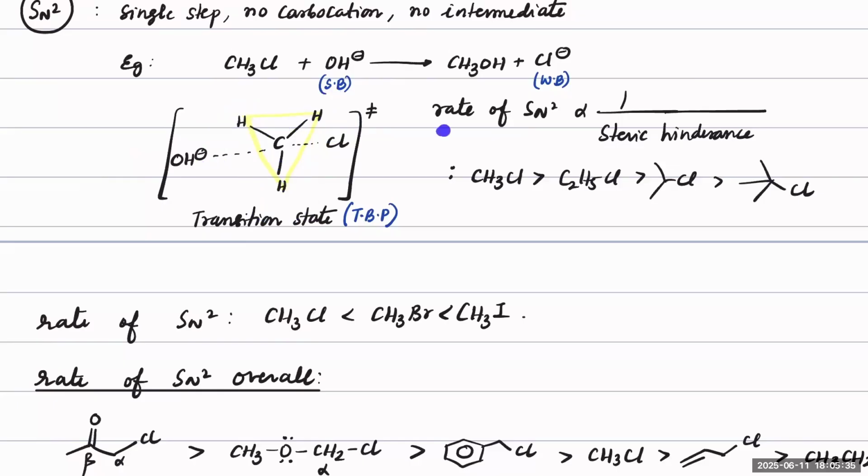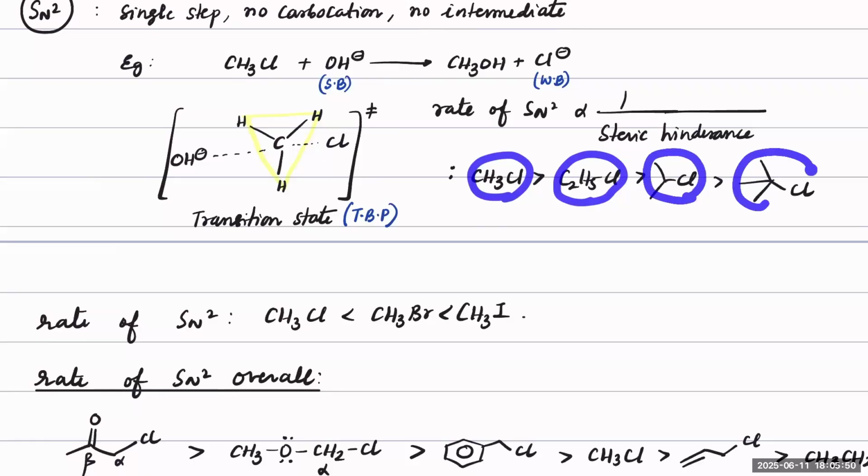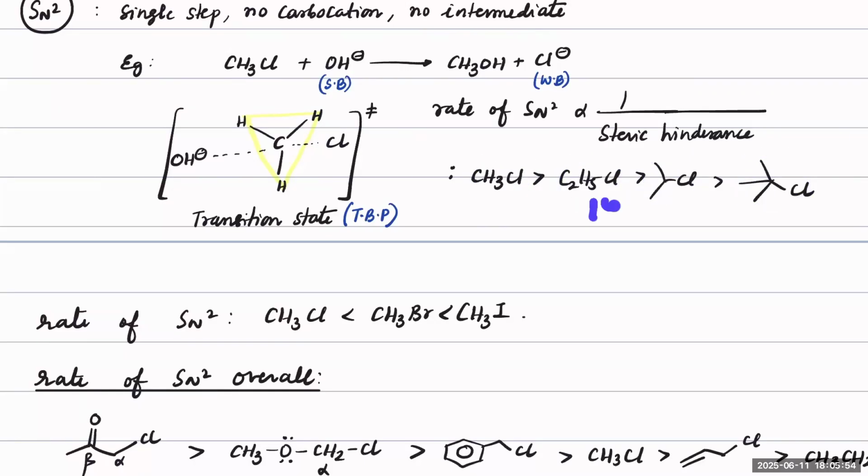So the rate of reaction is inversely proportional to the steric hindrance around the leaving group. Methyl chloride will have the least, then some crowding will come across ethyl, then isopropyl, then tert-butyl. So you notice methyl, 1 degree, 2 degree, 3 degree. SN2 is more prominent for the first two cases. Clear, beta?